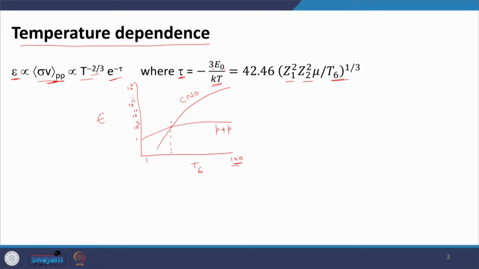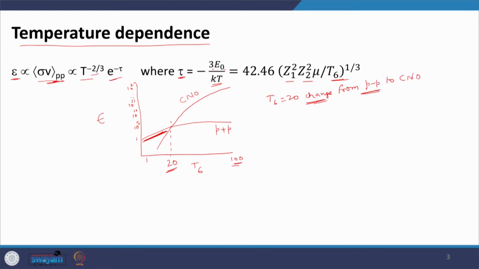You can see that up to T6 equal to 20, it is the proton plus proton reaction which is playing an important role for the energy production. So, at T6 equal to 20, the change is taking place from the PP chain to CNO.